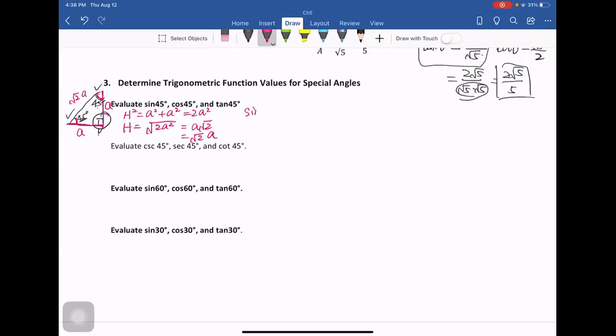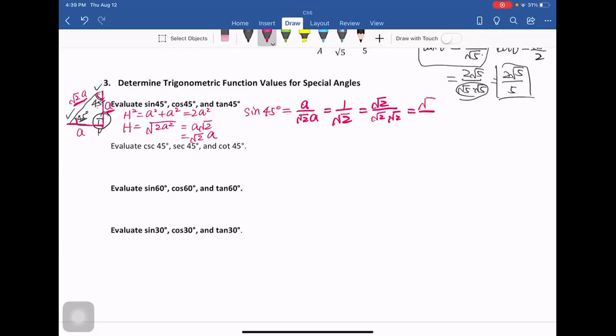So sine 45 equals opposite divided by hypotenuse. That's a over square root of 2 times a. That's 1 over square root of 2, and rationalize that, times square root of 2 both sides.